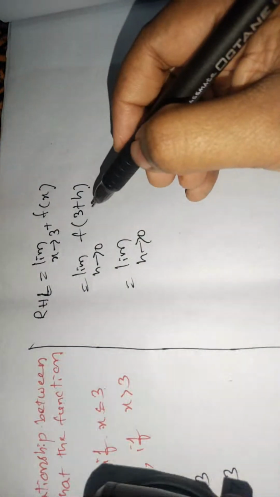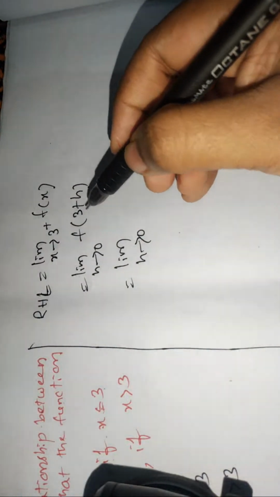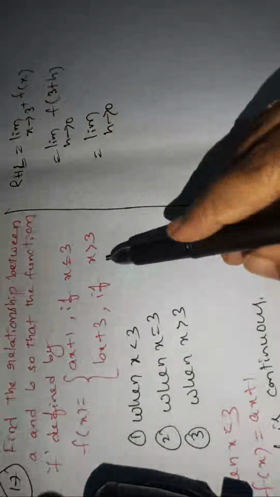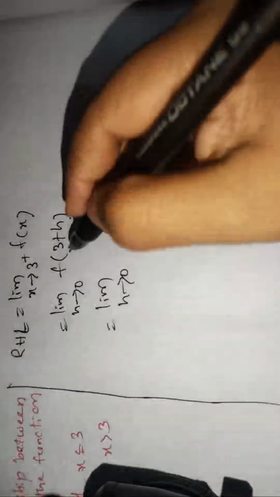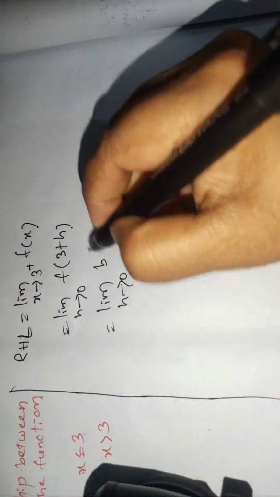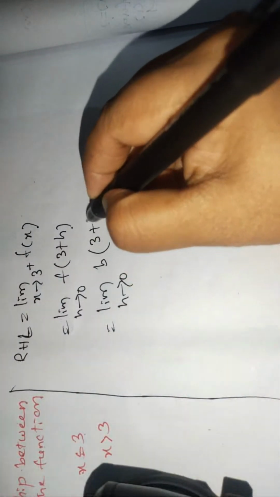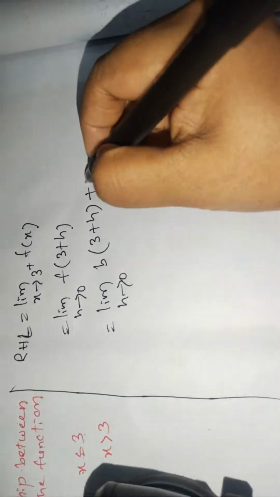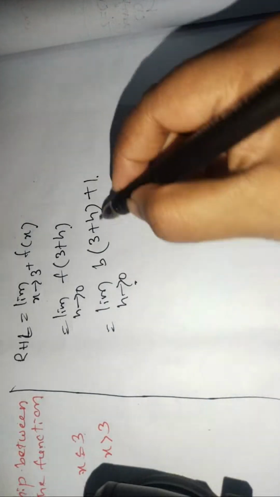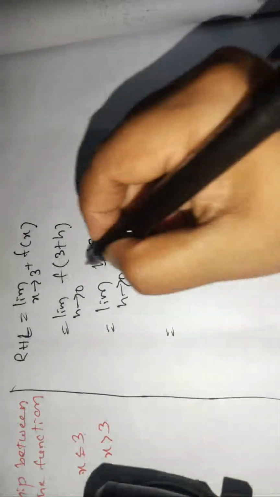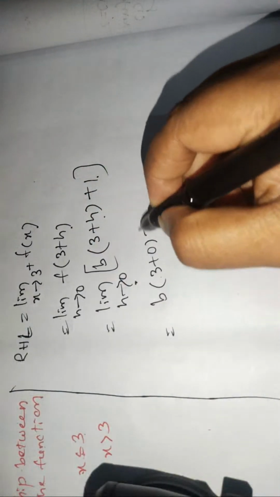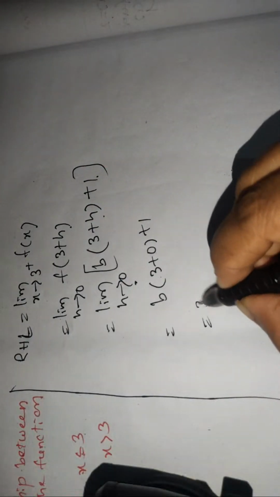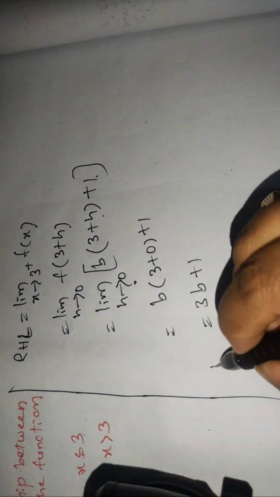When x is greater than 3, the function is bx plus 3. So b times 3 plus h, plus 3. Now put h equal to 0. So we get b into 3 plus 0 plus 3, that is 3b plus 3. It is RHL.